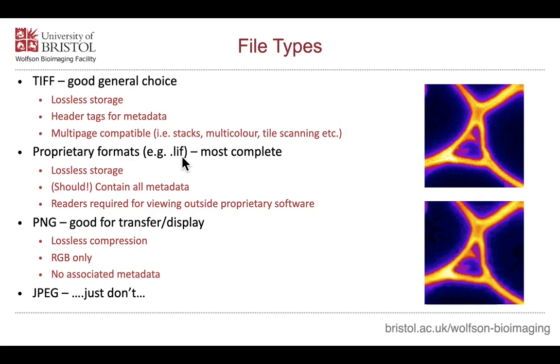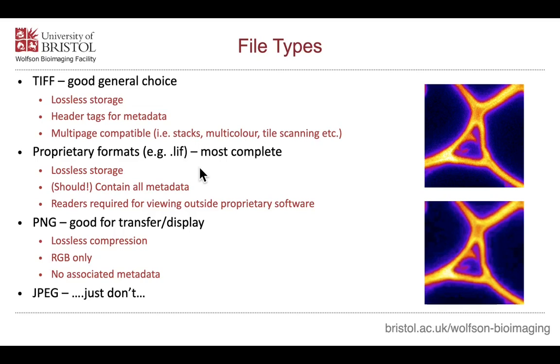Thankfully, Fiji comes preloaded with Bioformats Reader, which is able to read in a whole host of different microscopy image formats. So Leica formats, Zeiss formats, Olympus formats, astronomy formats, a whole load of other stuff as well. So Stephen will go through how to actually use the Bioformats Reader.